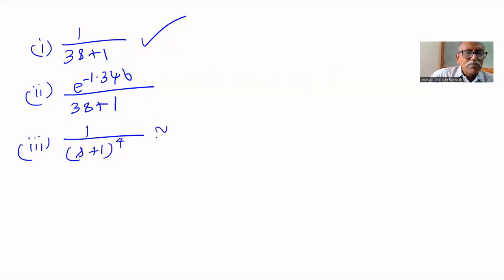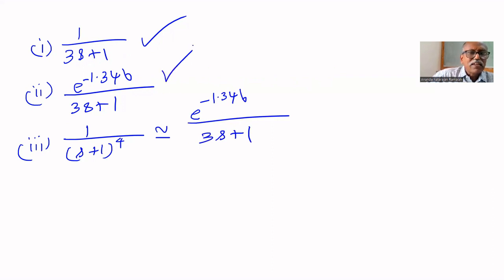We have the Dahlin's design method for first order with dead time. That's why 1 by (s plus 1) to the power 4 can be approximated as e power minus 1.346s upon 3s plus 1. Therefore, if we design the controller for this, it is also the controller for 1 by (s plus 1) to the power 4. No need to design for the third part.